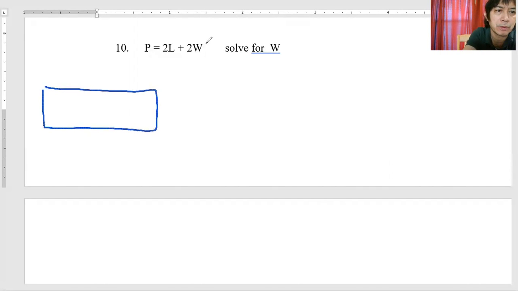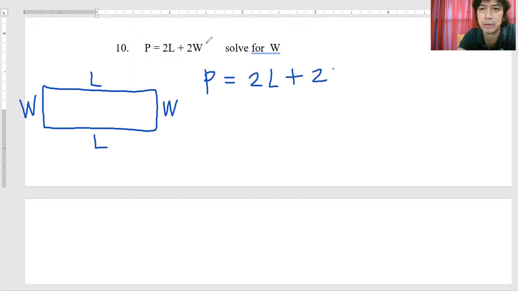Let me draw that. This is the length, width, width. If you're going to have the formula for perimeter, it's twice the length plus twice the width. So the given is perimeter is equal to twice the length plus twice the width.